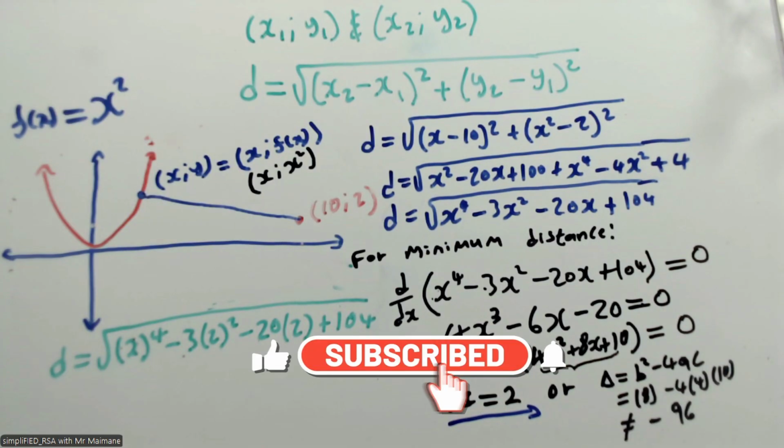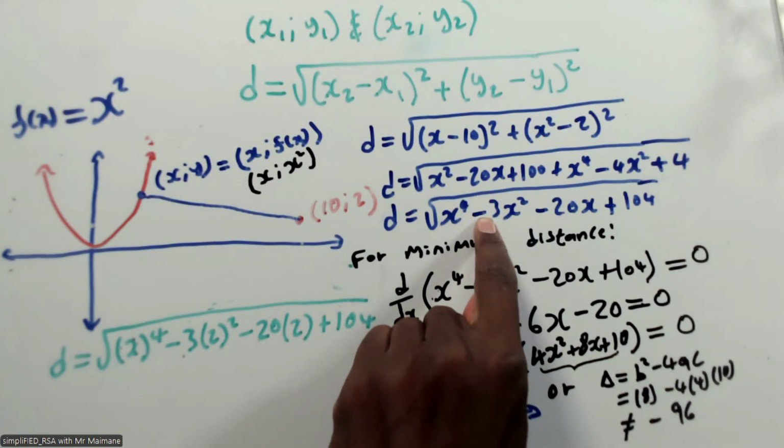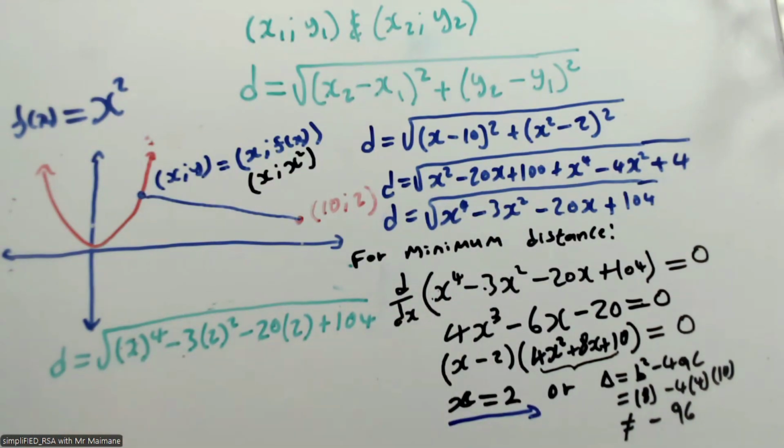So in order to get our minimum distance, we take the 2 and substitute the 2 into our distance formula. So this is what we have.